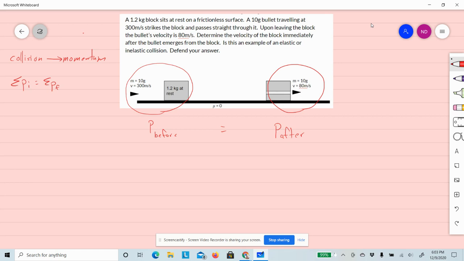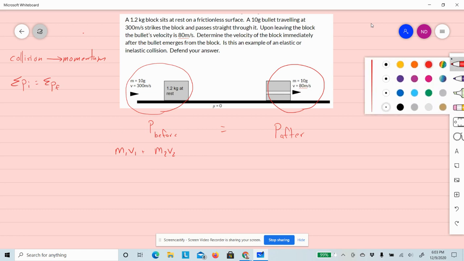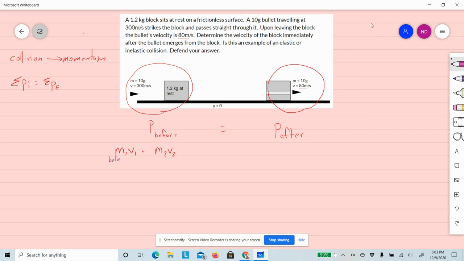So here we have M1V1, we'll call that the bullet, plus M2V2, we'll call that the block.